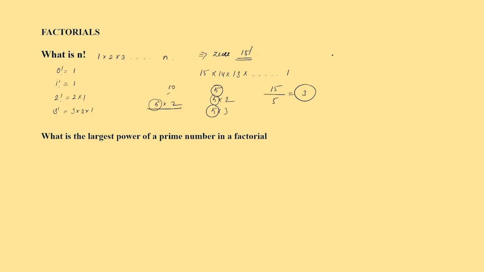But with the same question, how many zeros are there at the end of 25 factorial, what would you do? You choose the 5s: 5 into 1, 5 into 2, 5 into 3, 15, then 20, and then 25 also. So how many 5s? 1, 2, 3, 4, 5, 6. You don't get 5 5s but you get 6 5s. Why? Because that's an extra multiple of 25.